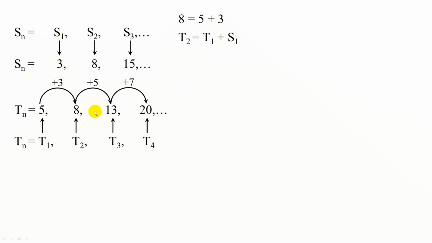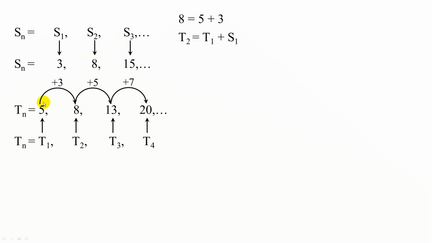Okay, so now I want you to focus on the second case. This is the first case. How about the second case? How do you get 13, using T1, S2, and T3? How do you relate T1, S2, and T3? You see, S2 is 8, it's not 5. Be careful. S2 here is 8.